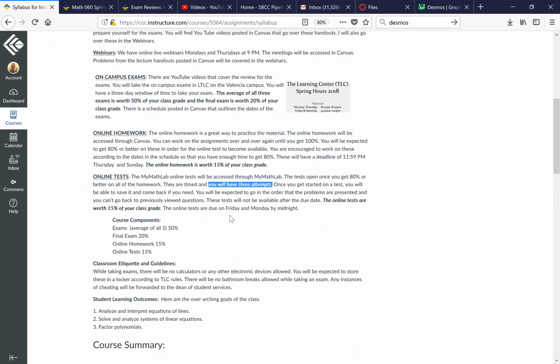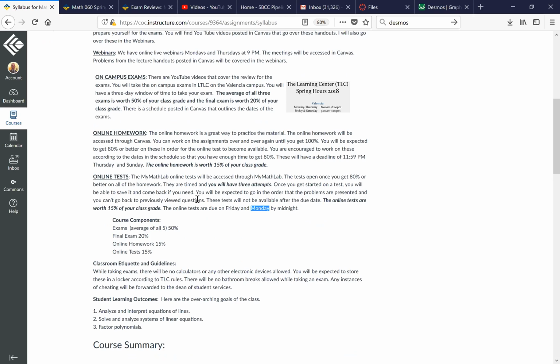These are due on Friday and Mondays. Okay, so the homework is due Thursday. The test is then due Friday by midnight. The next set of homework is going to be due on Sunday, and the next day will be the test due on Monday.